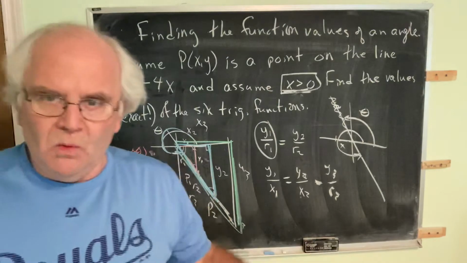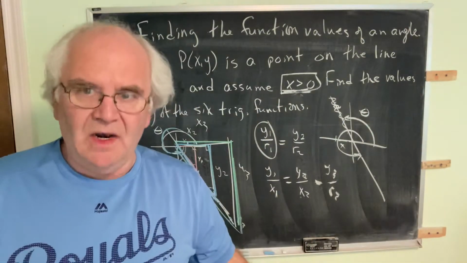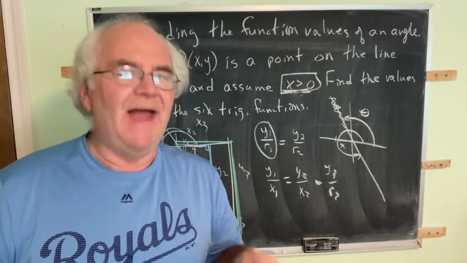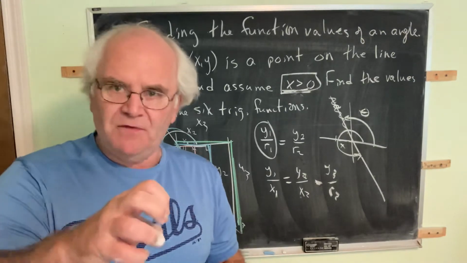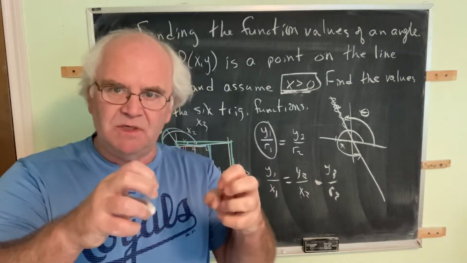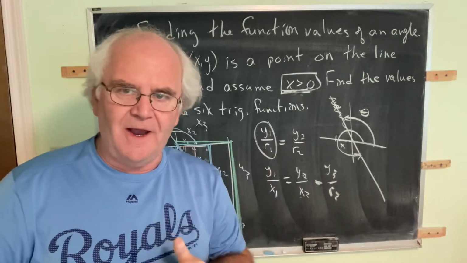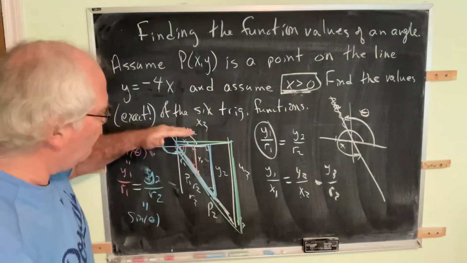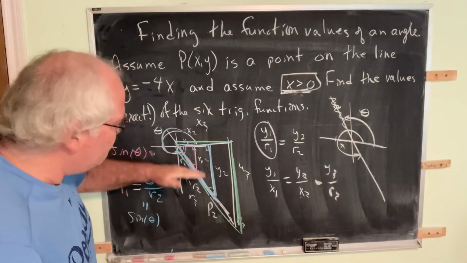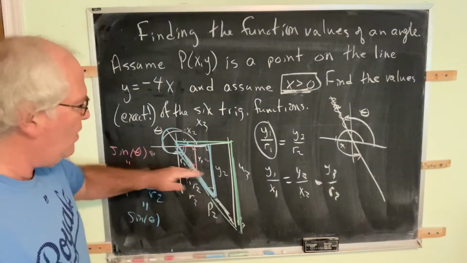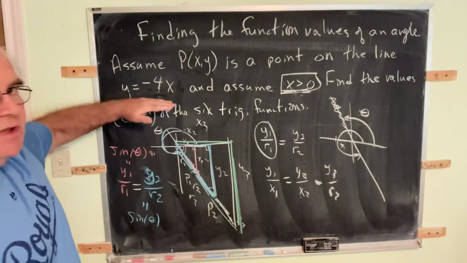Since they all work, we can choose any point on the line we like. Since all of them work, we might as well choose an easy one. If the difficult ones work and the easy ones work, don't pick the difficult ones, pick the easy ones, because you get the same answers either way. And for that reason, because we are free to choose any point we wish, we might as well choose an easy one.